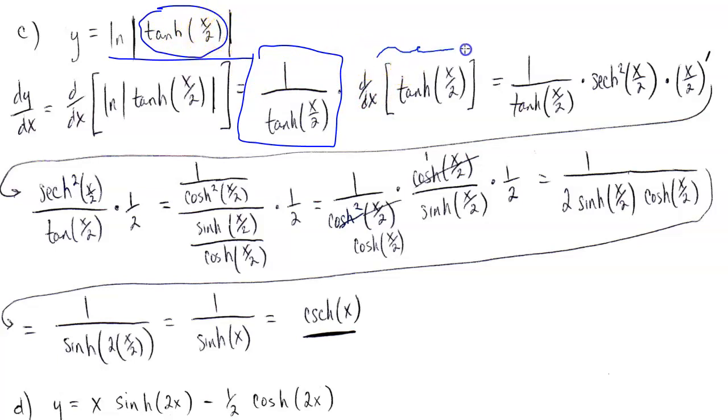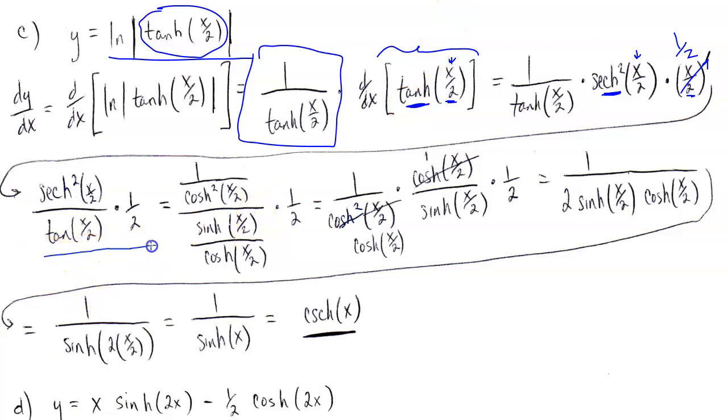Tangent hyperbolic of 1/2 x is itself a composition function as well. So we take the derivative of the outside function, tangent hyperbolic, which is secant squared hyperbolic of blah, times the derivative of the inside function, the derivative of blah with respect to x. And the derivative of 1/2 x is just 1/2.